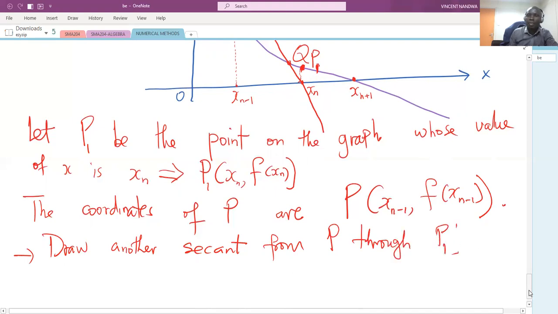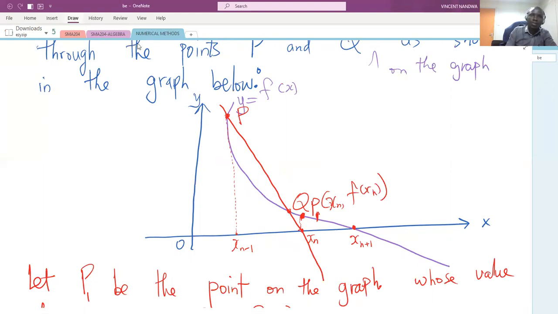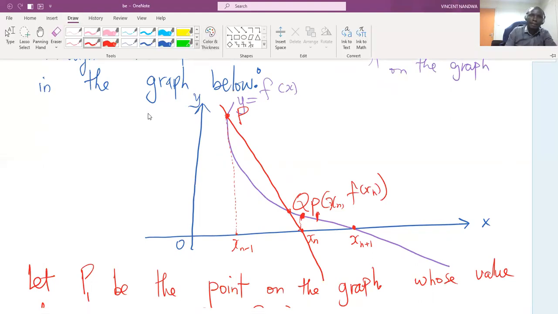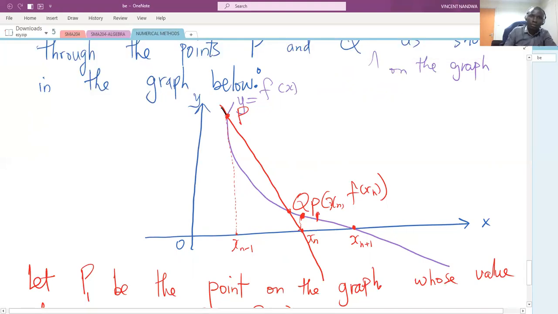So this is what I mean: we draw another secant from this point P, passing through this point P1, where we have the value of x, xn, and then f of xn. So this is how the secant will look.